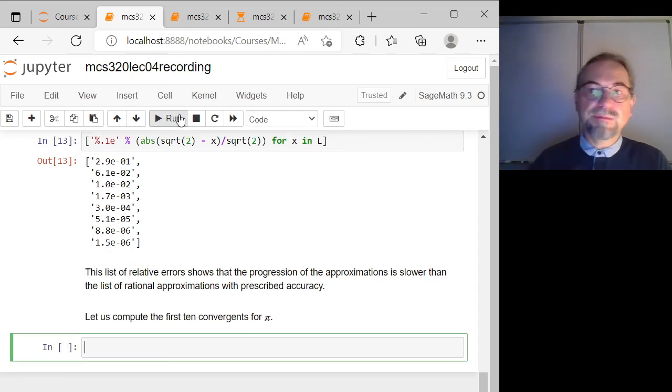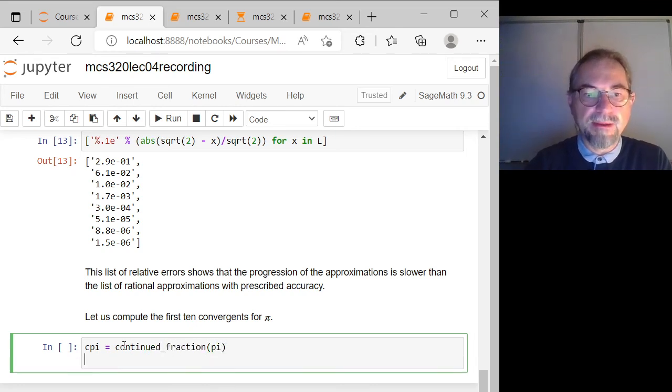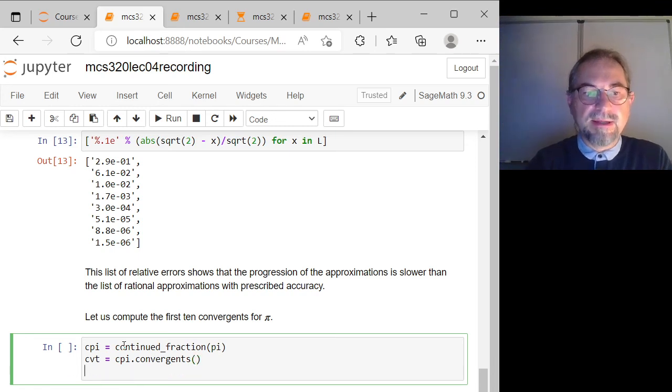How do we do this? We first make our continued fraction, so call it c pi, the continued fraction for pi. Then I have the convergents for pi. And then I have the list, the first 10 that I convert into a list.